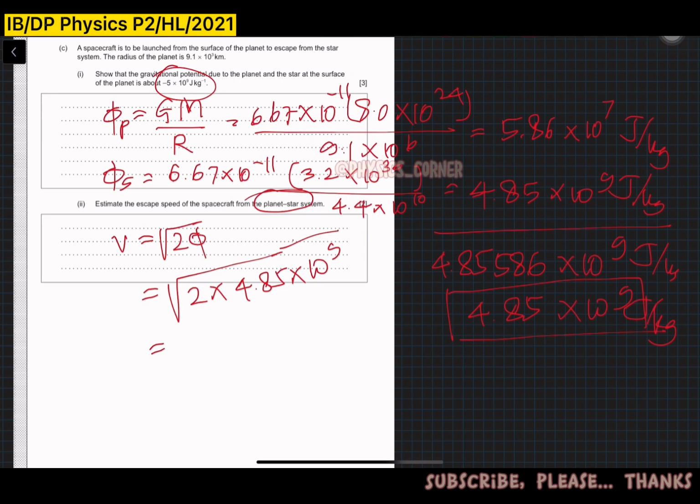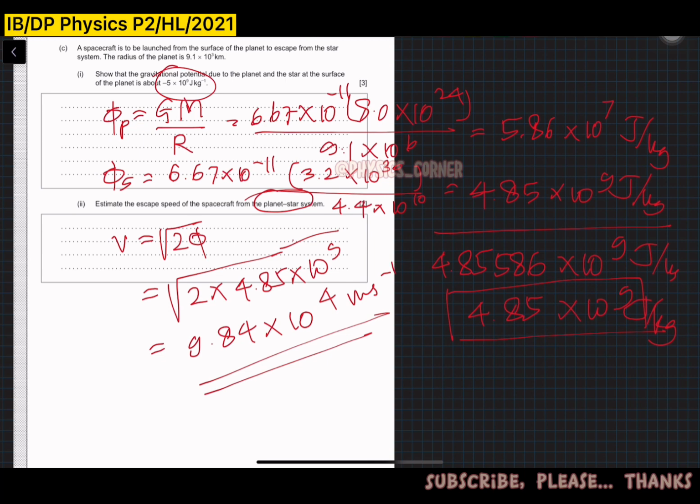It's about 9.84 times 10 to the power 4 meter per second. Yeah, that's it. Okay, done.